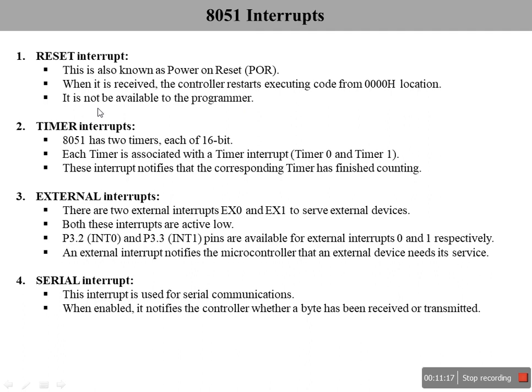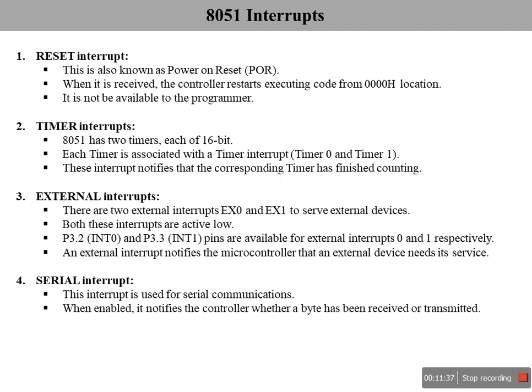Now the remaining five interrupts are the timer interrupts, external interrupts and serial interrupt. The 8051 has two timers, and each of them is 16-bit wide. Each timer, timer 0 and timer 1, is associated with a timer interrupt. These interrupts notify that the corresponding timer has finished its counting.